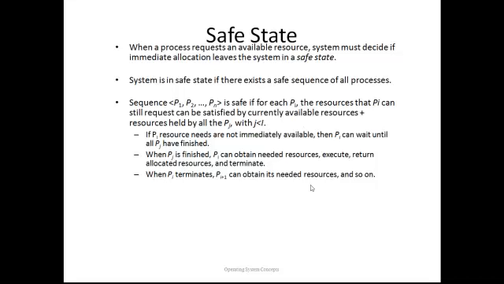So what do we mean by safe state? When a process requests an available resource, the system must decide if immediate allocation leaves the system in a safe state. The system is in a safe state if there exists a safe sequence of all processes.